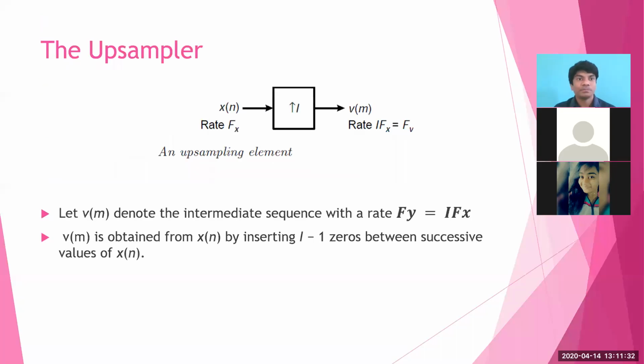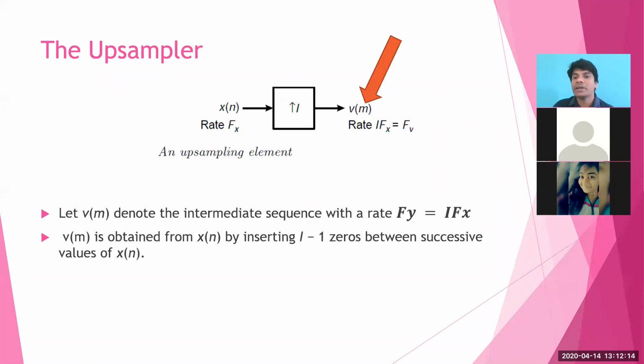Now let's talk about the upsampler. The upsampler takes the input sequence x of n, as you can see with this arrow mark here, which is at rate Fx, and converts that sequence into v of m, which is at I times Fx.